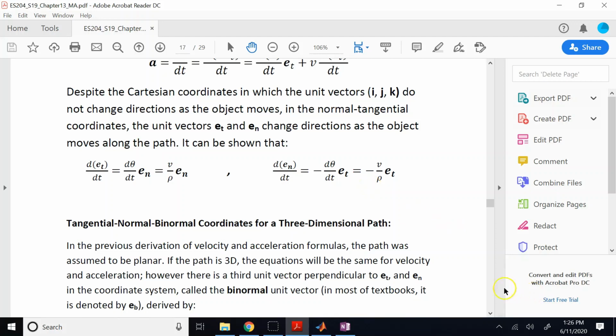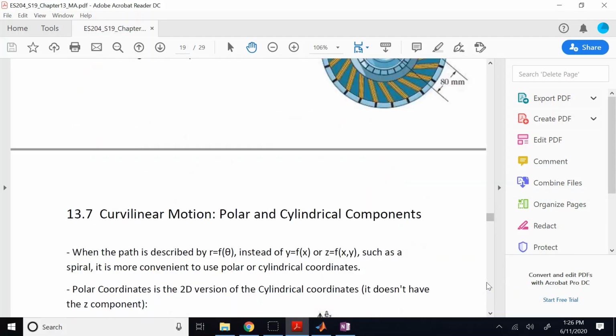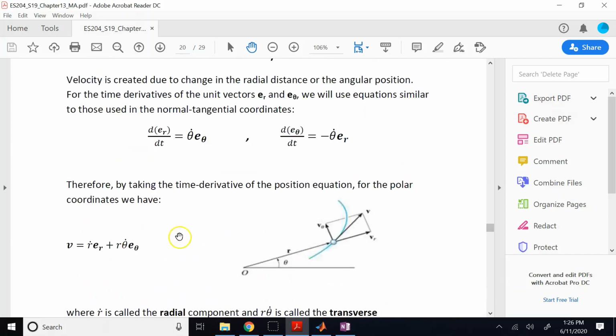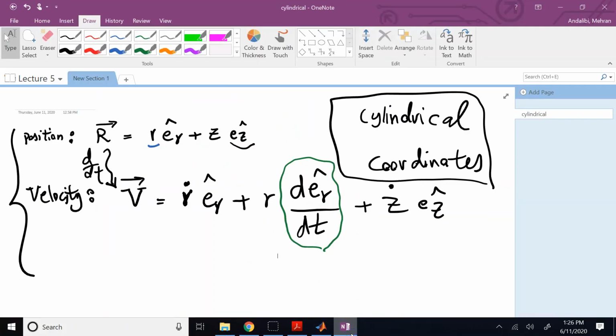In a very similar way, I can prove to you that DER over DT is theta dot E theta, and dE theta over dt is negative theta dot ER. The proof of them is exactly similar to what we did. So what we want now is theta dot E theta. So this term here is theta dot E theta.